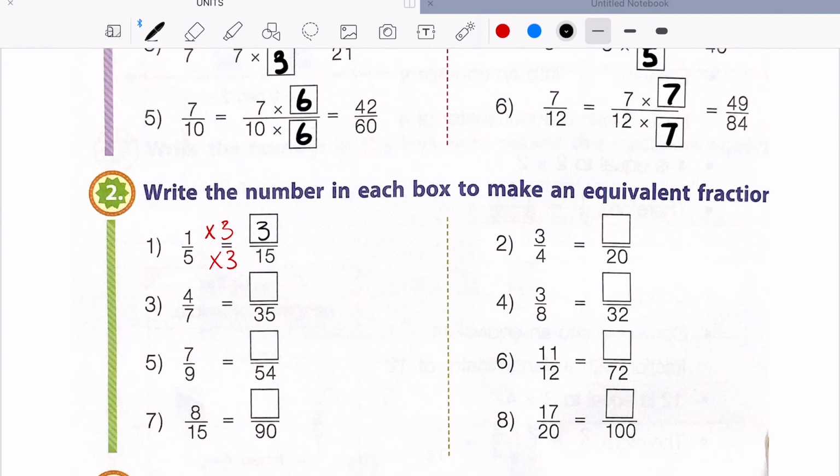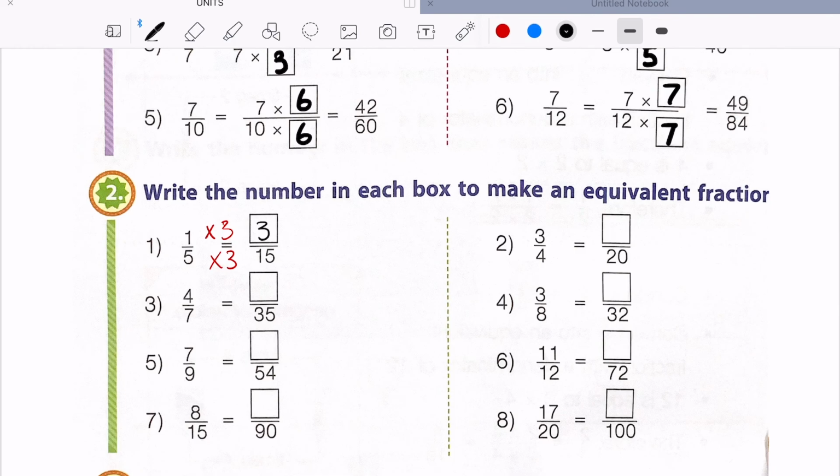3/4 is equal to blank over 20. So 4 times what equals 20?